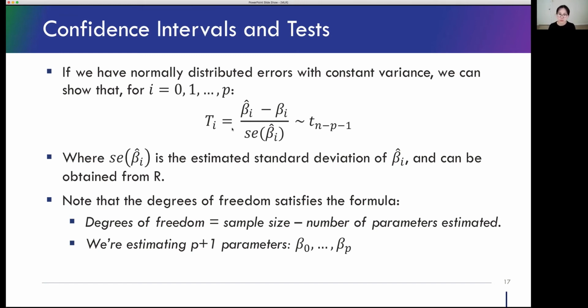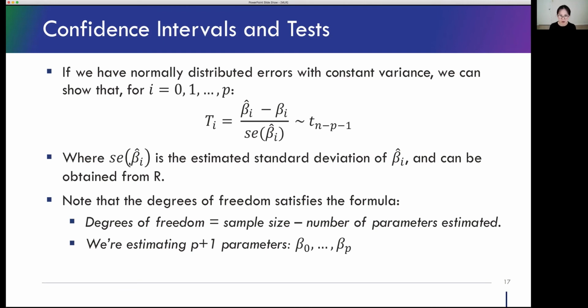So we will use a t-test for the betas that we estimated. This beta_i hat minus beta_i, which is the true value, divided by the standard error of your estimate, will follow a t-distribution with n minus p minus 1 degrees of freedom.